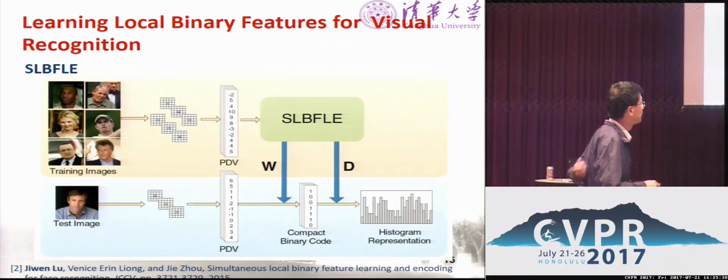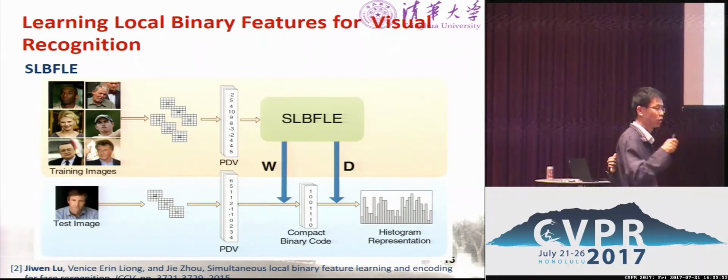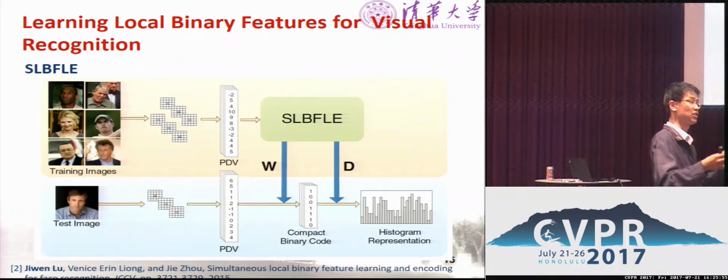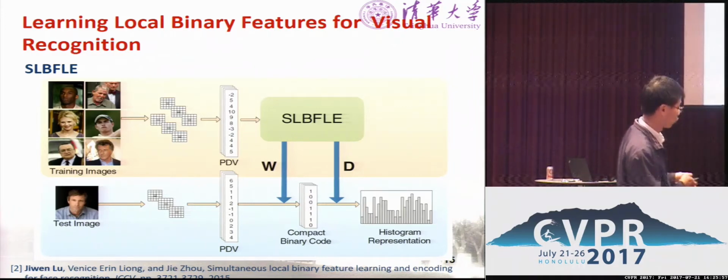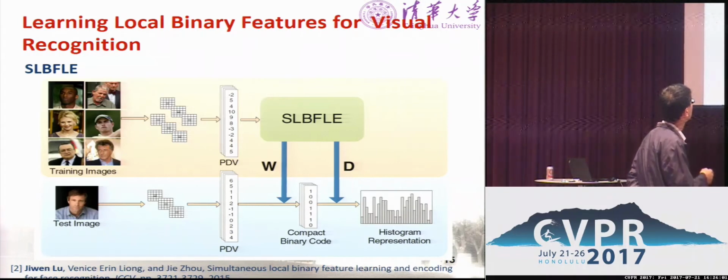And then we can make the PDV feature vector into a feature representation by the learned W and D simultaneously. The key idea is that useful information will not be lost in this stage because these two stages are learned jointly. So based on this idea, we can represent the image, here the patch, as a histogram.